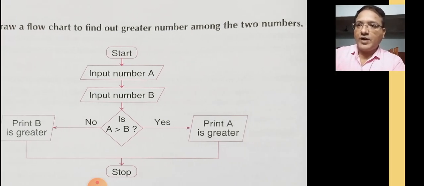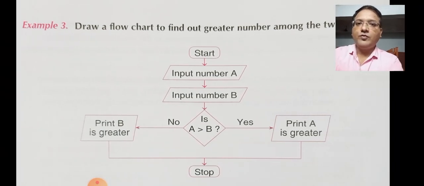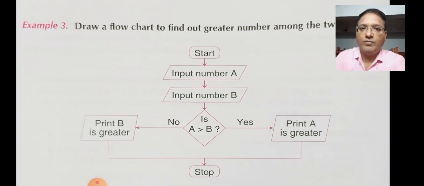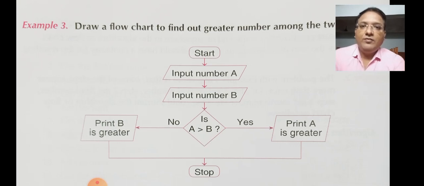So here we can see one example for looping. Draw a flowchart to find the greater number among two numbers. Suppose if you want to find the greater of two numbers, how can you find it? Like that. Start, input number A, input number B. So here we are using a condition. For the condition, for the decision, we will use a decision box, diamond in shape.